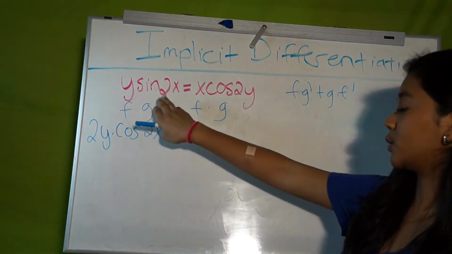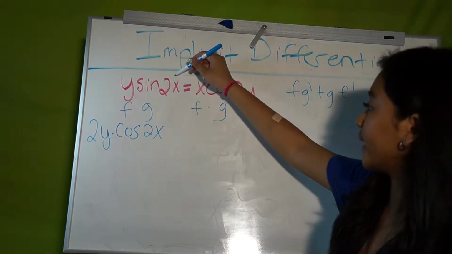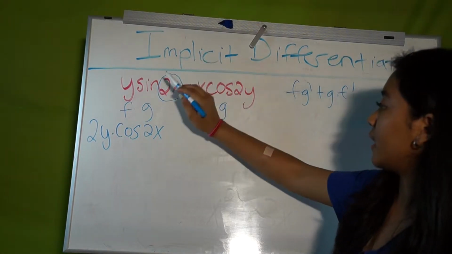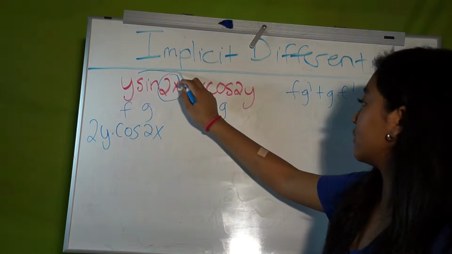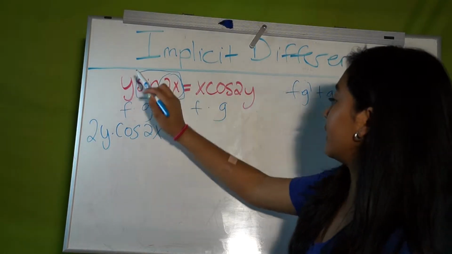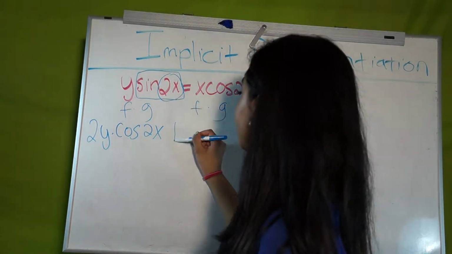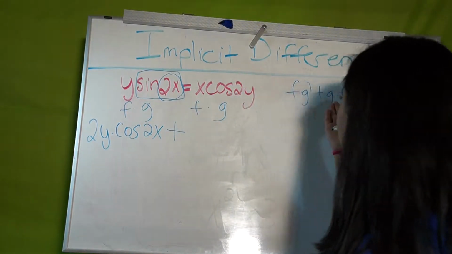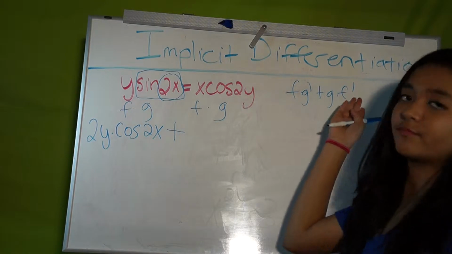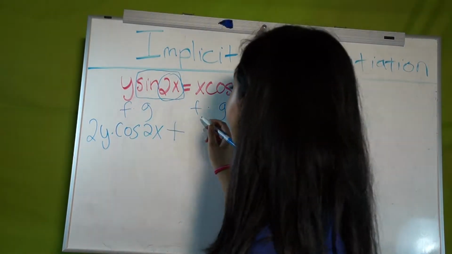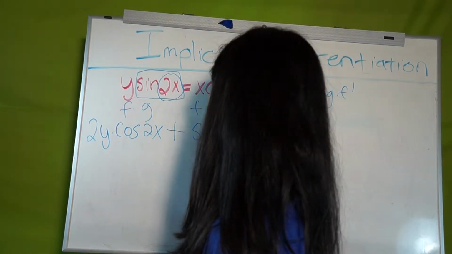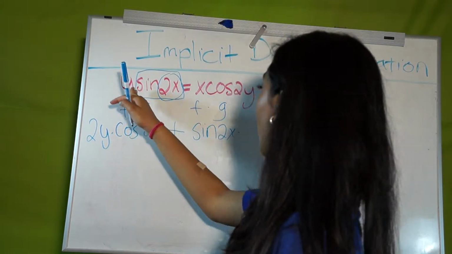Basically what I just did was differentiate the inside, and then the outside. And that's how we have 2y times cosine 2x plus, of course, g times f prime. So then, it's just going to be sine 2x times y prime.